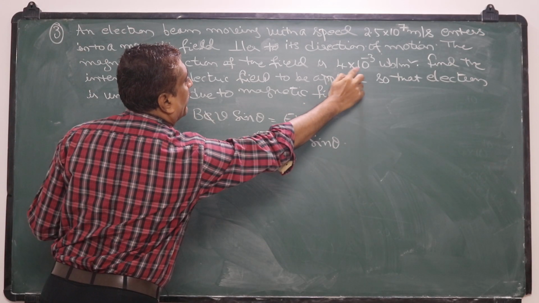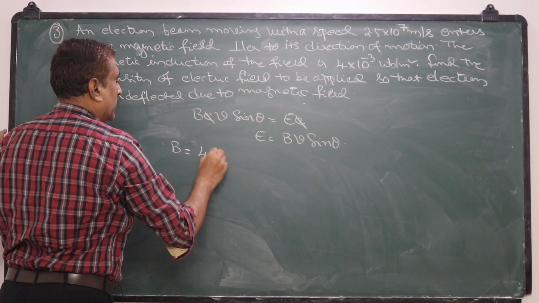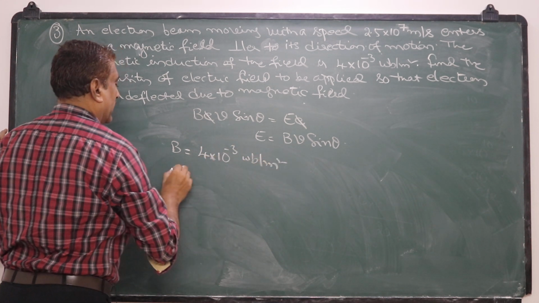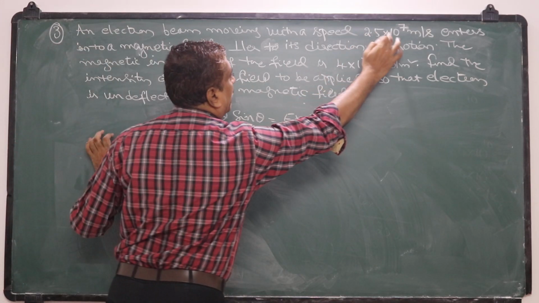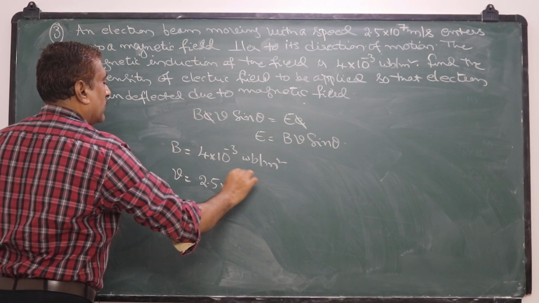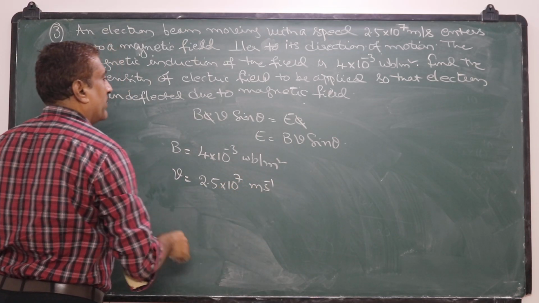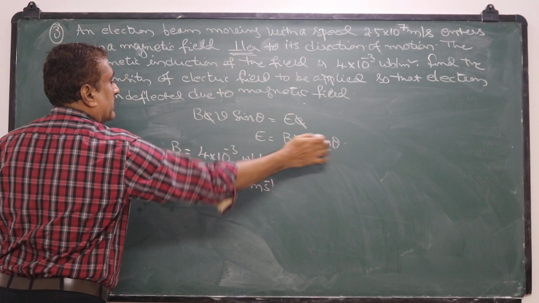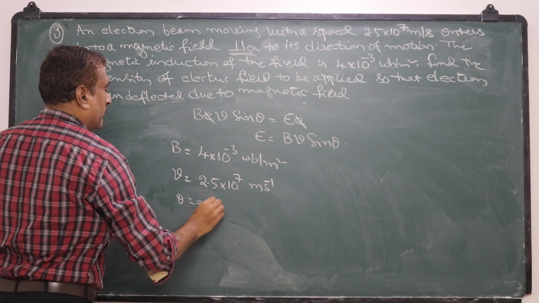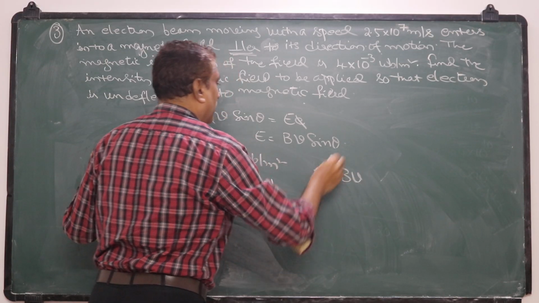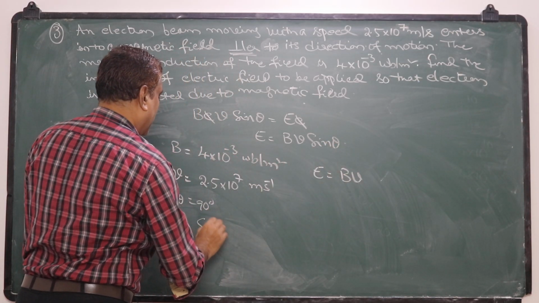Okay. In this problem, B is given as 4 into 10 power minus 3 Weber per meter square, and velocity is given as 2.5 into 10 power 7 meter per second, and theta is 90 degree. Therefore E is equal to BV, because sin 90 is 1.